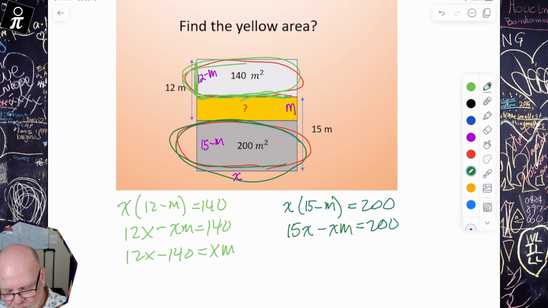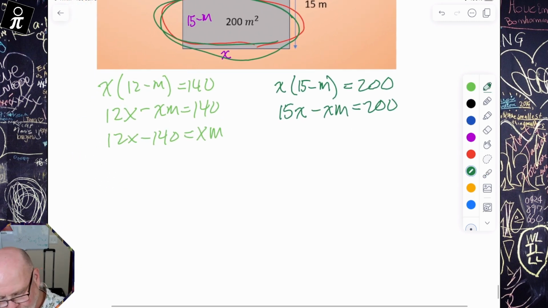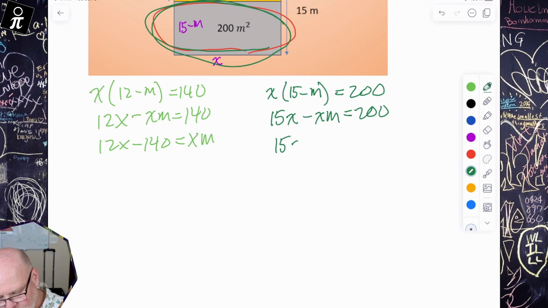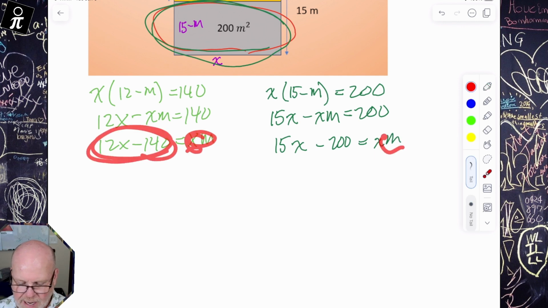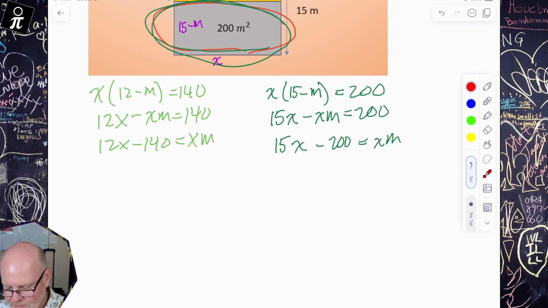So let's move this right side around a little bit, and we're going to end up with 15x minus 200 is equal to xm. So we've got xm is equal to this, and we've got xm is equal to this. That means we can set those equal to each other.